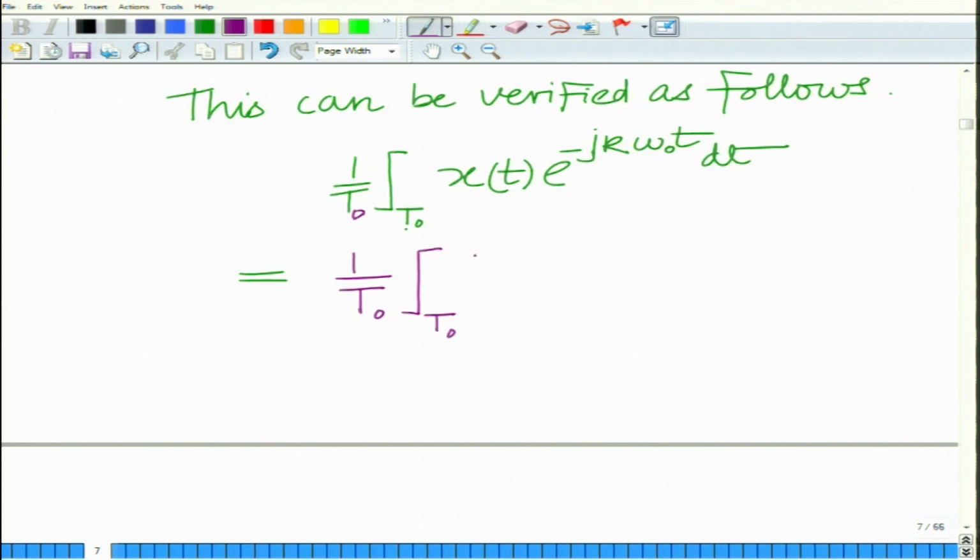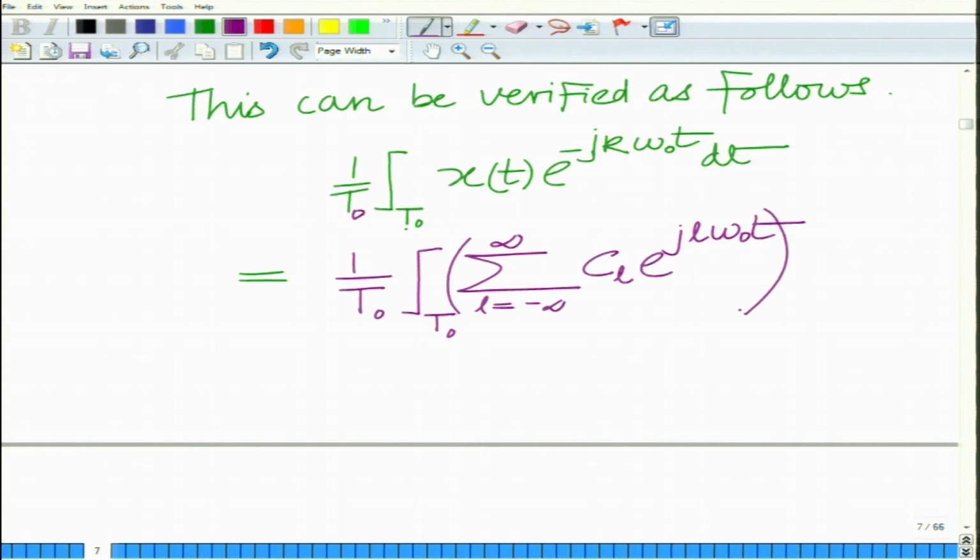First, I am going to substitute the expression for x(t), using a different index L so that I do not confuse it with k: the summation L equals minus infinity to infinity of C L e raised to j L omega naught t, times e raised to minus j k omega naught t dt.